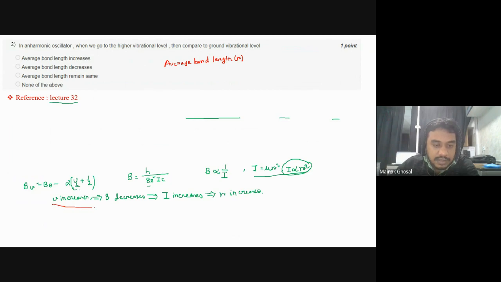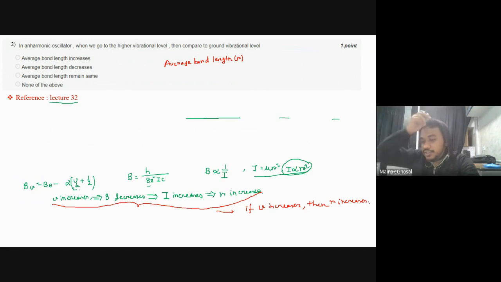all these discussions are getting us to one single final conclusion: if V increases, then r increases, right? This was also asked in your questions, what should be the fate of r if V is increased?